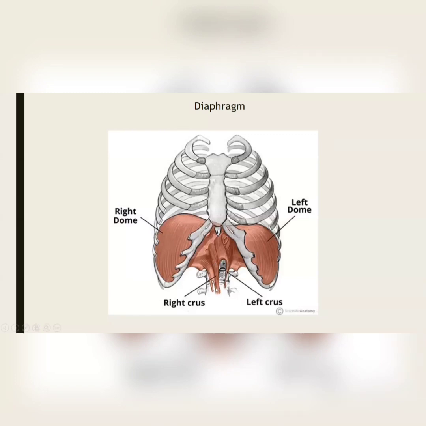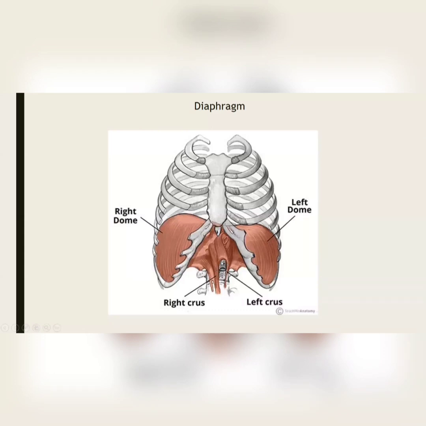Posteriorly, the attachment of the diaphragm onto the vertebral bodies is named as the right crus of diaphragm and the left crus of diaphragm. In between the right and left crus, you can see an opening called the aortic opening. This is how the descending thoracic aorta enters into the abdominal cavity.